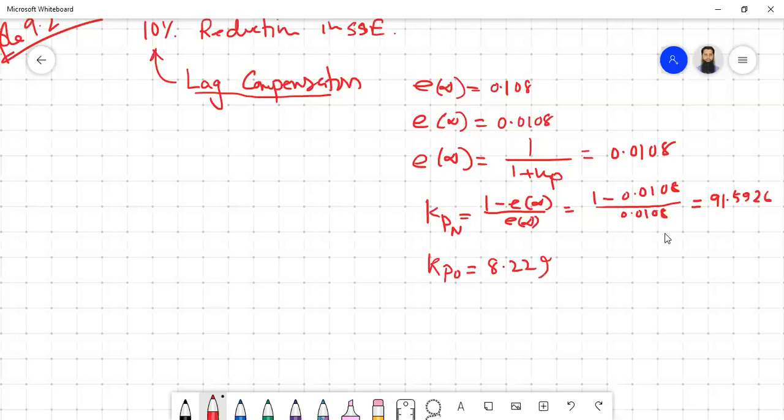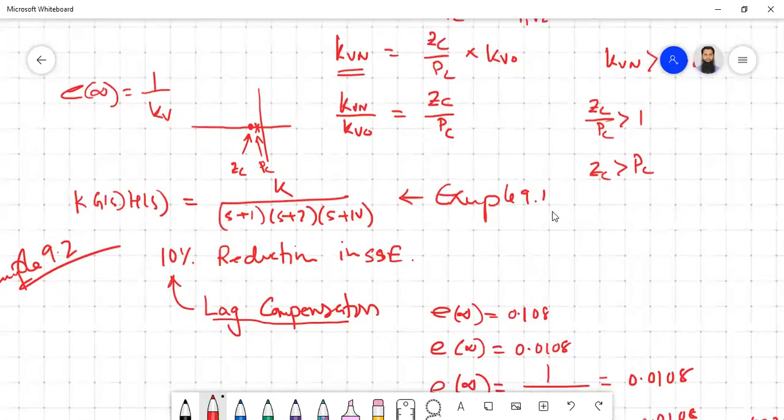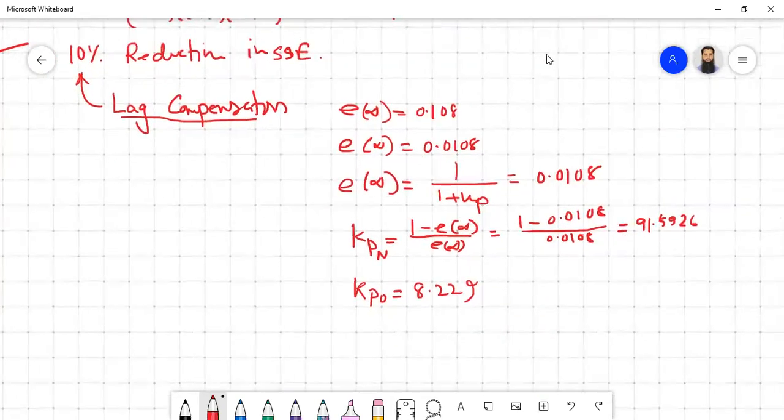The relation between the Kp and your pole and zero we already figured out here. Using this formula, you can easily figure out what the values of ZC and PC should be.